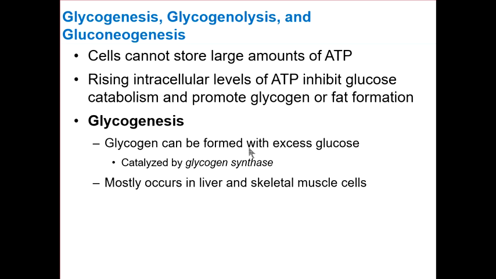So glycogen can be formed when there's excess glucose. And that's the storage form of glucose. So glycogenesis is making glycogen, the polymer, out of glucose, the monomer. And this happens mainly in our liver and skeletal muscles, where we store our glucose in the form of glycogen.